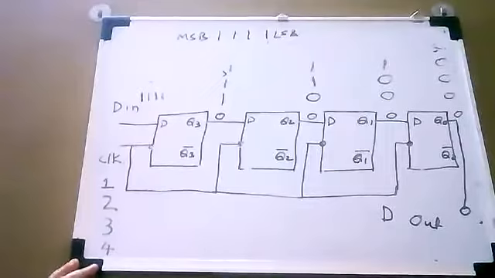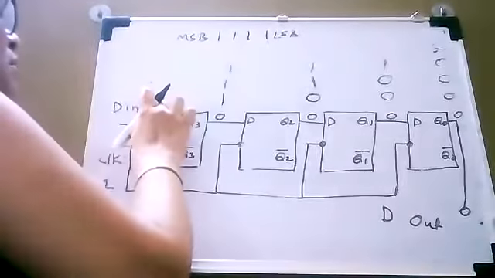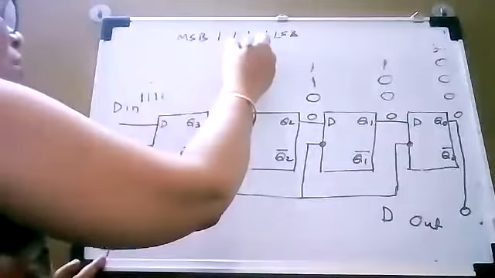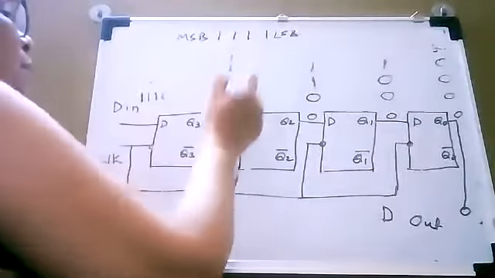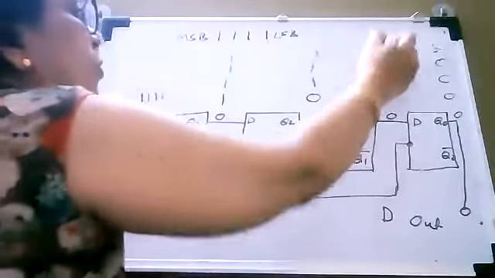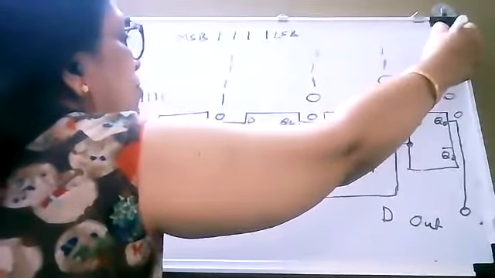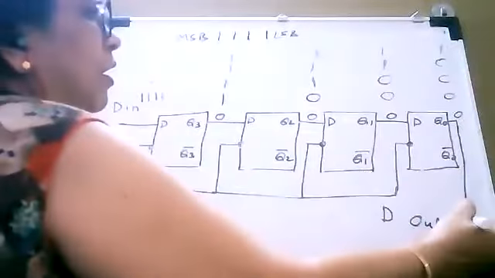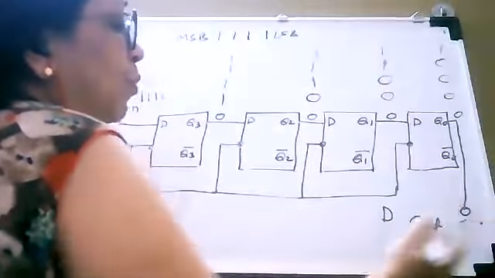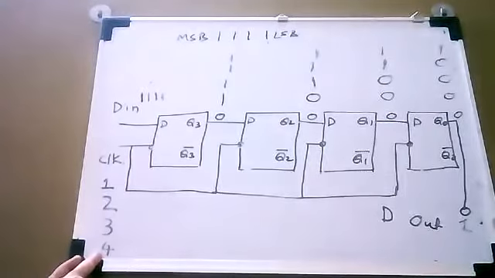So after application of the fourth clock pulse, what will happen? 1 is present here, and therefore output of third flip-flop will be 1, output of second flip-flop will be 1, output of first flip-flop will be 1, and that of zeroth flip-flop will also be 1. Now this 1 is outputted, or LSB is outputted. So at the end of the fourth clock pulse, the LSB is outputted.